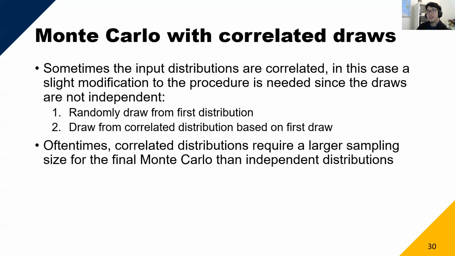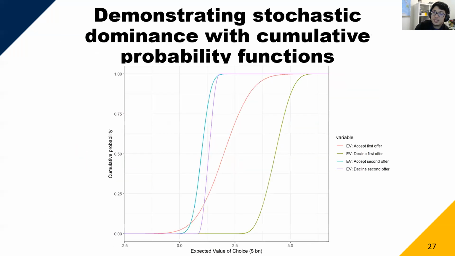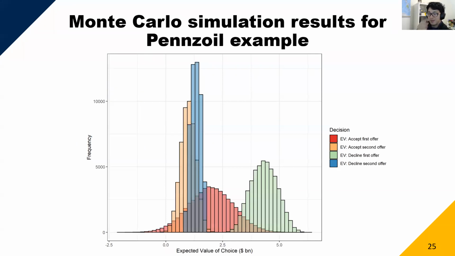Oh yeah, one thing I didn't mention is that if I go back a couple slides to this particular example, you can see that my outputs are these smoother shapes of distributions.